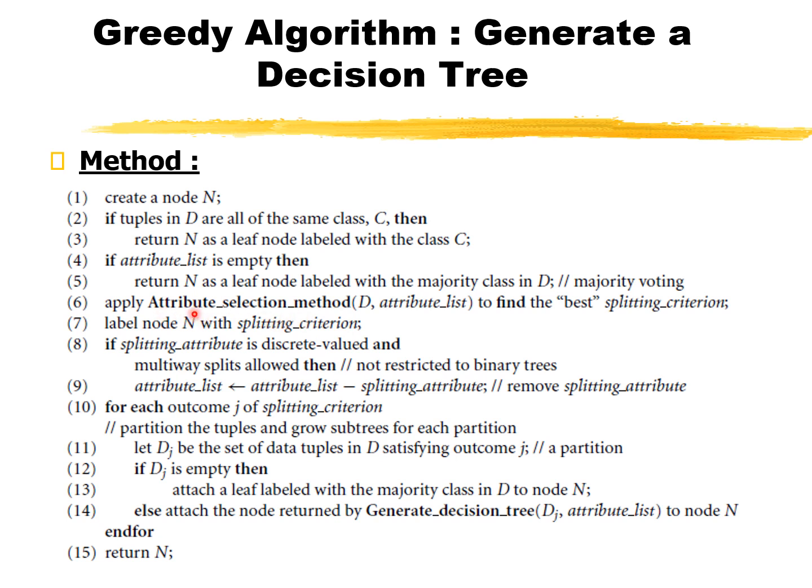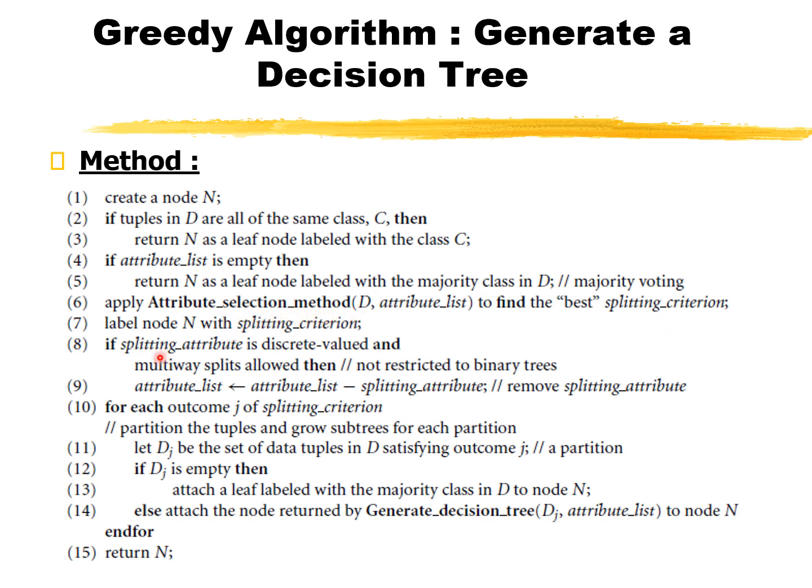So the attribute selection method here is responsible for finding the best splitting criterion. Now we will label n, which is the current node, with the splitting criterion that was identified in the previous step.